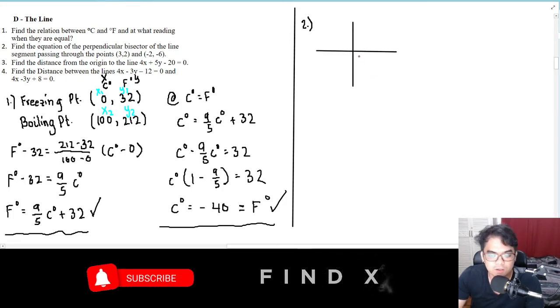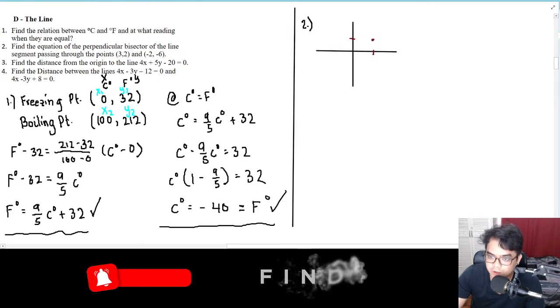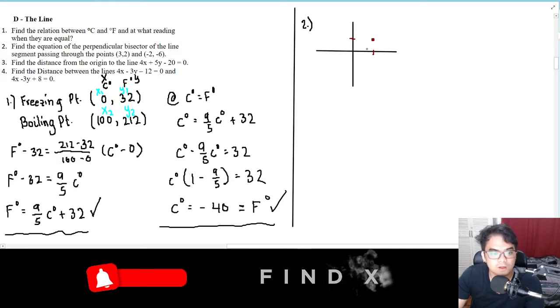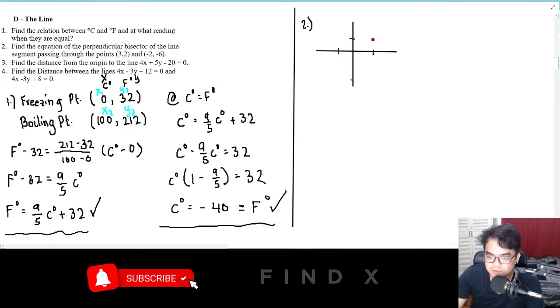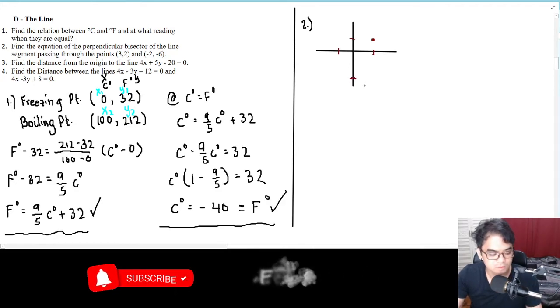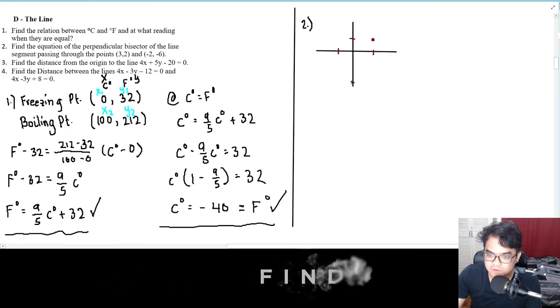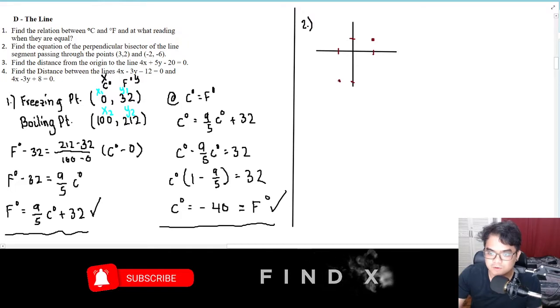So we have 3 and 2. Let's say your 3 is here and then your 2 is here. So it should be here. This is the first point. And then negative 2, negative 6. So let's say this is negative 2 and then this is negative 6. So here.